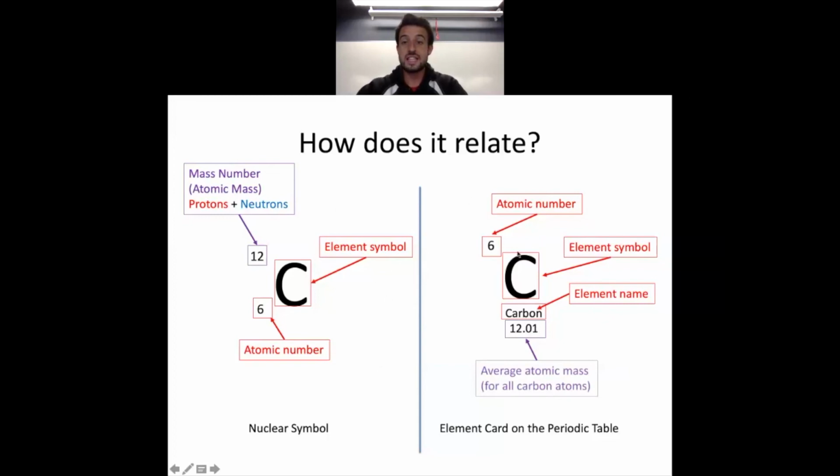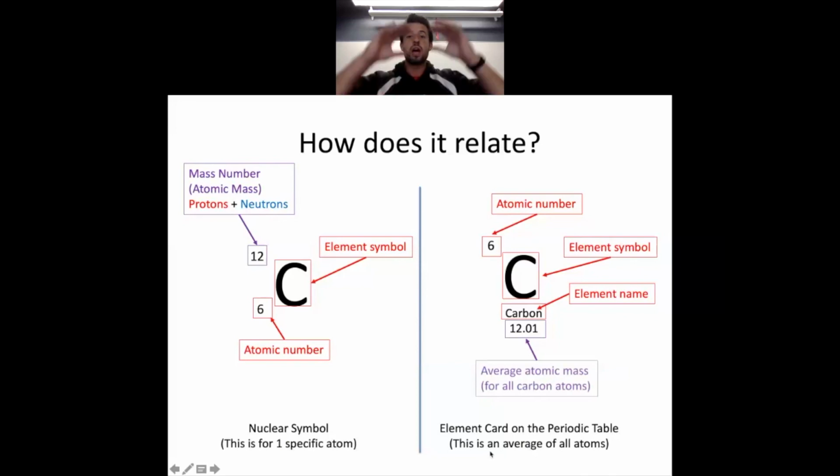So the key difference between the nuclear symbol over here and the element card on the periodic table is that the nuclear symbol is for one specific atom. That's the key there. Versus the element card on the periodic table, this is talking about every single atom, all atoms that are carbons.